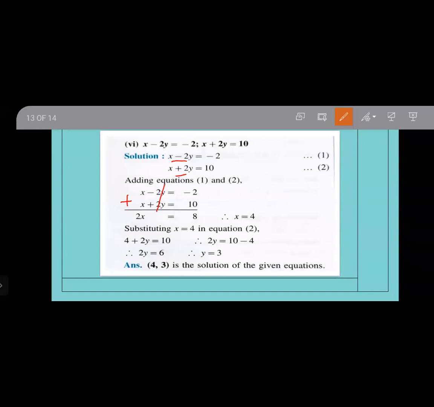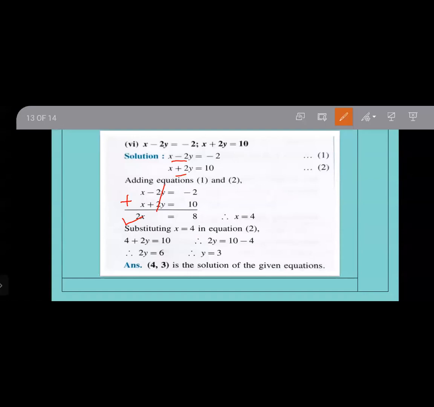Now one thing you must have noticed, students, that either in the elimination method or in the substitution method, when you substitute, you get an equation in one variable. When you eliminate, then also you get an equation in one variable. So solving an equation in one variable is common in both methods.